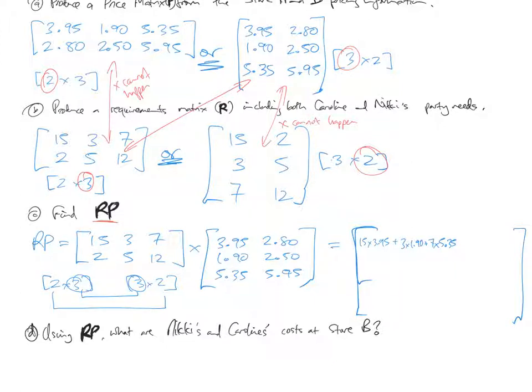Next is going to be the same row on the left, 15 times by 2.80 plus 3 times by 2.50 plus 7 times by 5.95. So I'm going to just draw dots here so it doesn't get all mushed together.